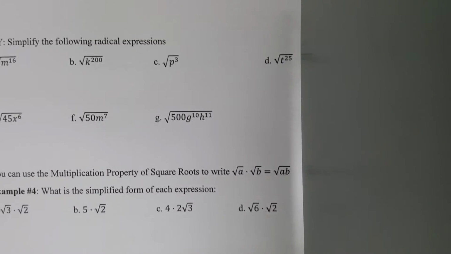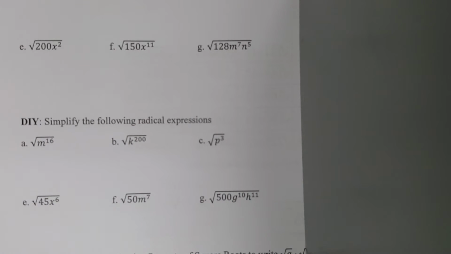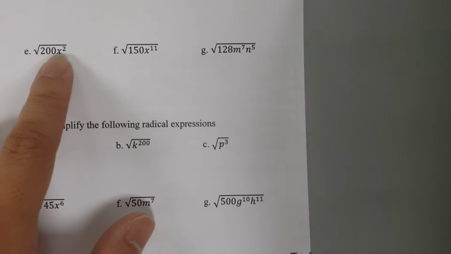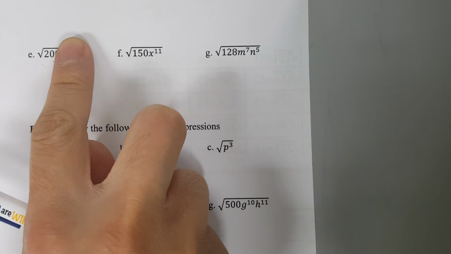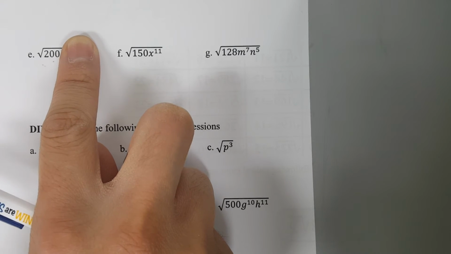So let's do a couple more examples. Now, if I have a number and a variable, we have to do the number and the variable separately. So the square root of 200, ignore that the variable is there right now. It's what I did before.